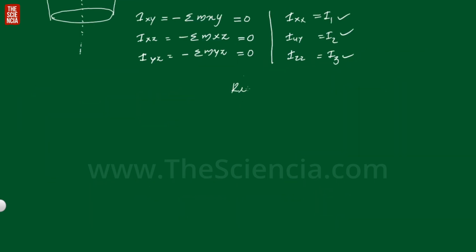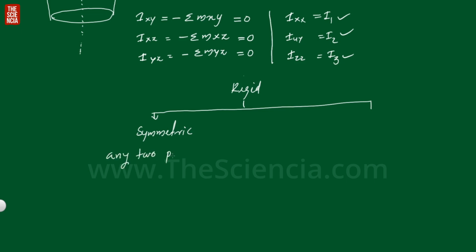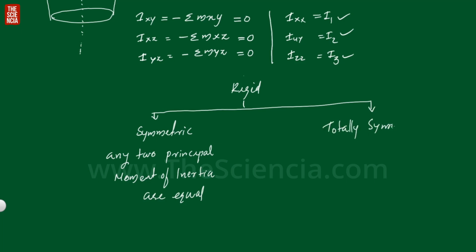We say a rigid body is symmetric if any two principal moments of inertia are equal, and we call a rigid body totally symmetric when I1 is equal to I2 is equal to I3.